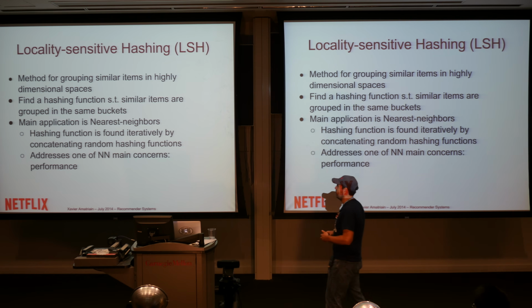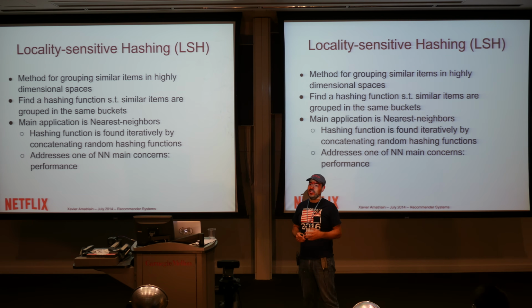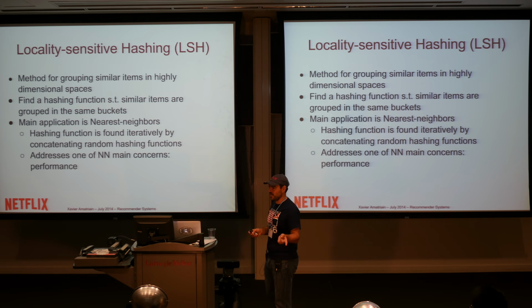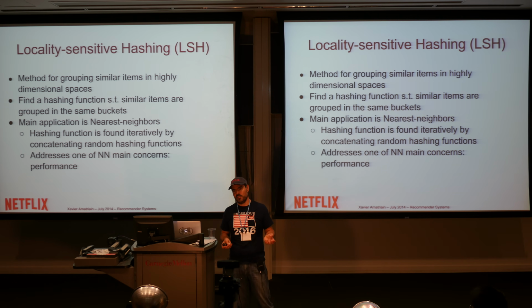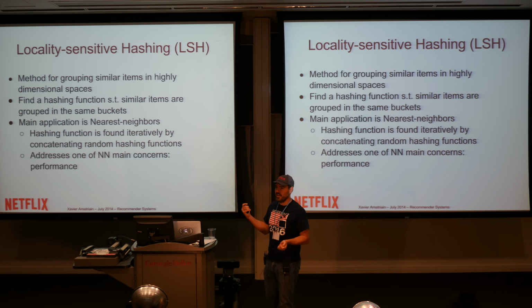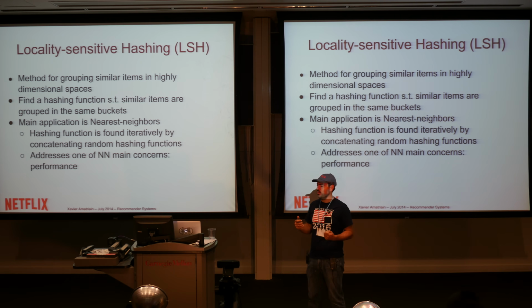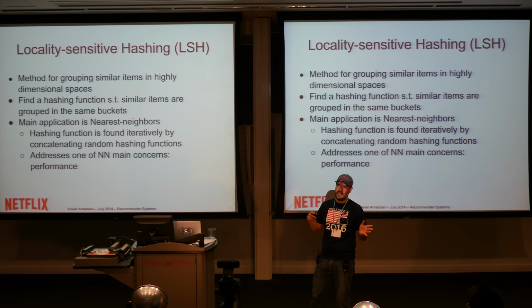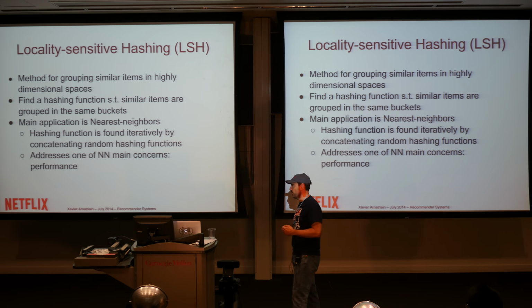And the main application of LSH is actually nearest neighbor. So now we're hitting on one of the downsides of nearest neighbors, which was the scalability, and it was costly to compute, and it was hard to compute because it was sparse. Well, one way to address that is using LSH and finding a hashing function, which is usually found in the case of nearest neighbors by concatenating random hashing functions.